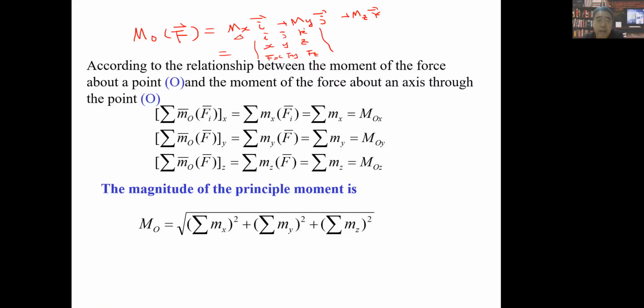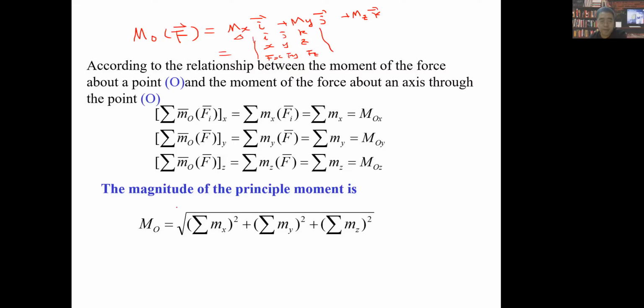And this component along the y direction of MO(F) is the same as the moment of the force to the y axis. And Mz will be the moment of the same force F to the z axis. So that is a very important relationship between the moment of a force about a point and the moment of the force about an axis through the point, right? In some cases, if you use this relationship, you can simplify your calculation.